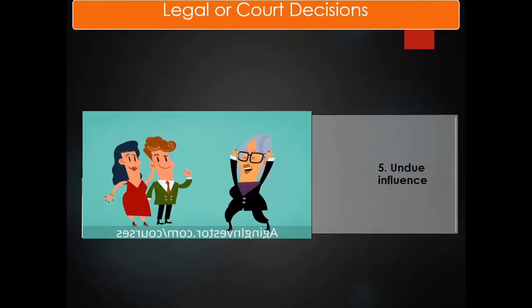Undue influence. Hope you remember the meaning of undue influence. Undue influence means getting an advantage from the position that we have. For example, in my role as a teacher, I can influence you into doing frauds.